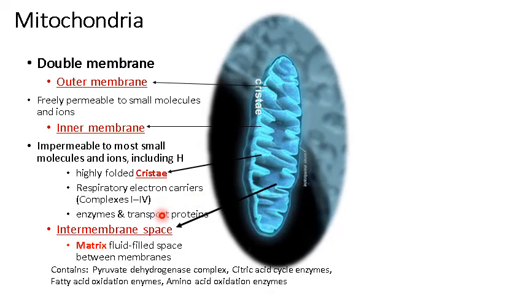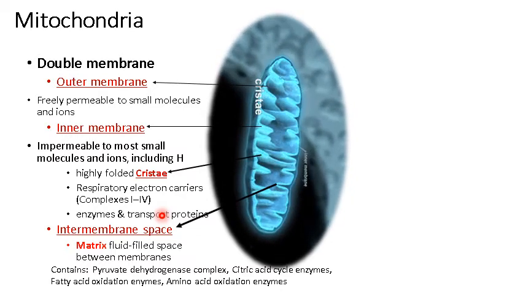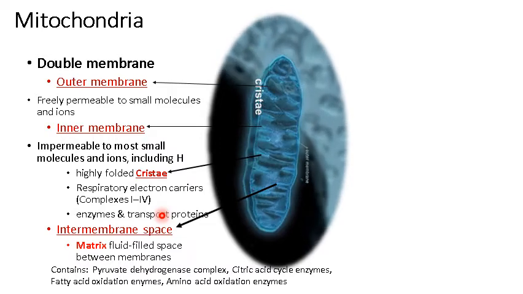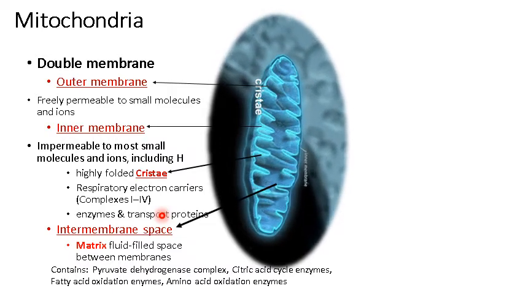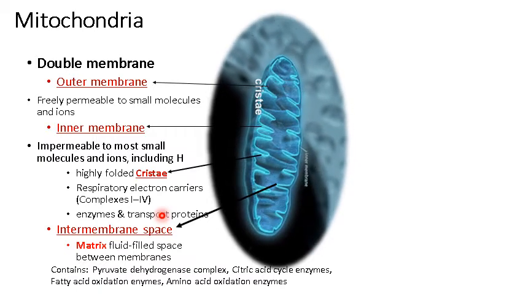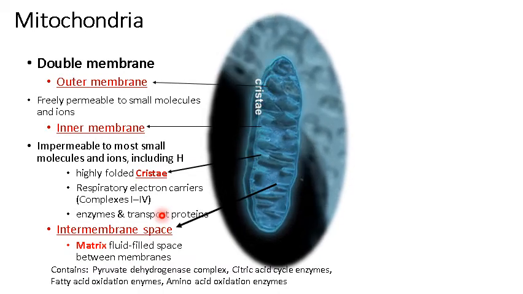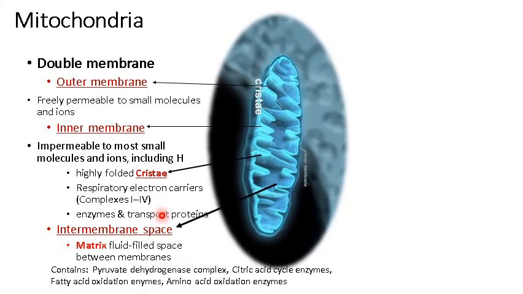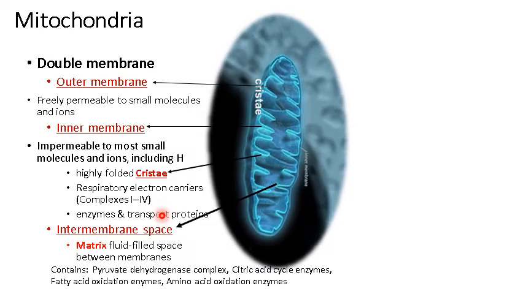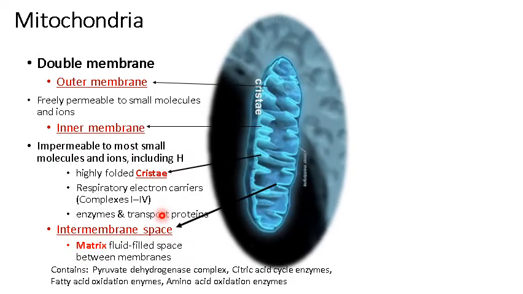In the matrix, each fatty acid molecule exists in the form of active fatty acid, or fatty acyl coenzyme A, and it is broken down in a series of chemical reactions called beta-oxidation. It trims two carbons, one acetyl group, at a time from the carboxylic end, the beta end, generating one molecule of acetyl coenzyme A in each turn of the cycle. We will see this reaction in the later slides.